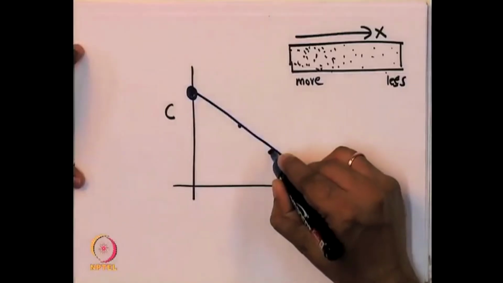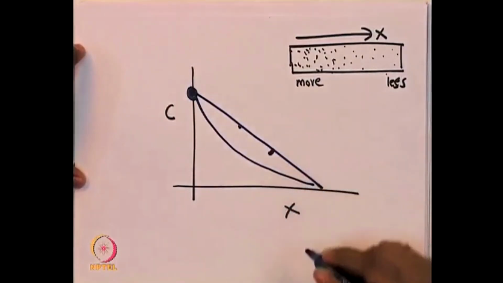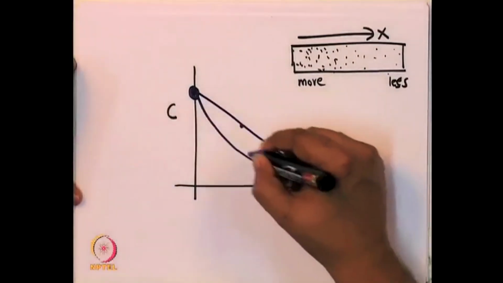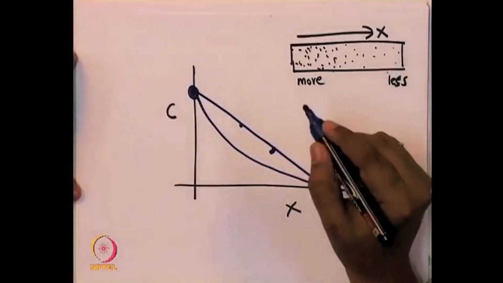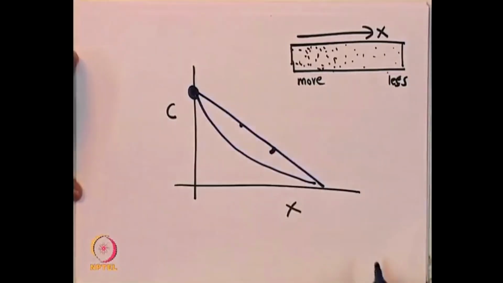It need not decrease in this particular way, it can decrease in this way also. So, we do not know which way it is decreasing, but it is clear that the concentration is decreasing as we go along, that much is clear. Now, let us imagine the first case.